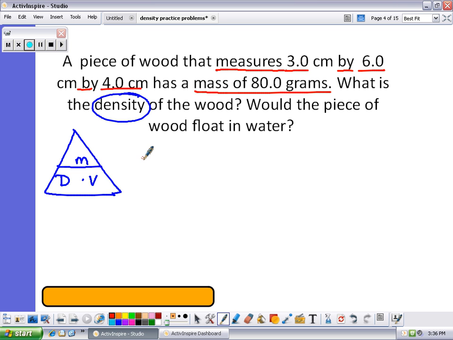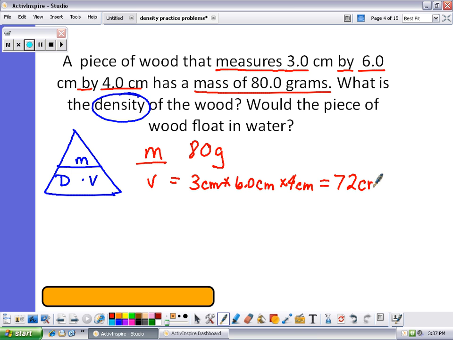So density is mass divided by volume. We have a mass of 80 grams. Well, what is the volume? It doesn't give us volume, it gives us the measures of this piece of wood. So we need to find the volume by multiplying 3 centimeters by 6 centimeters by 4 centimeters, which gives us our volume of 72 cubic centimeters.